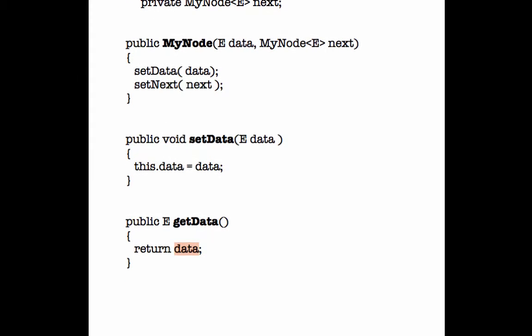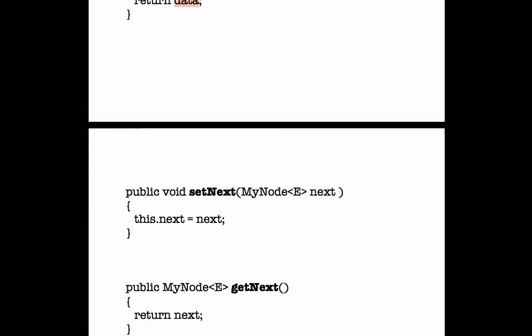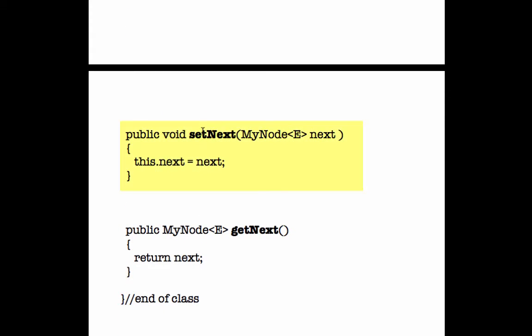And then to finish this class, which is a very small class, I need the accessor and a mutator for the next field. So I have a setNext method, which allows me to change the value of the reference that we call next. And again, it requires a parameter with the value of that reference. One more time, this could be an address, so that next will link to another node, or it could be null. Either way, this statement assigns the value to the field next.